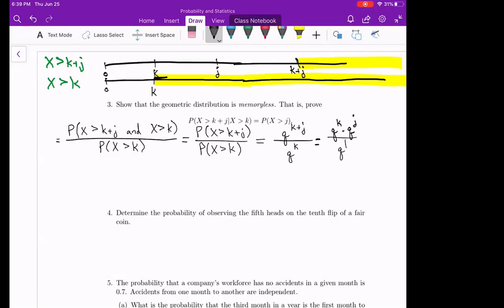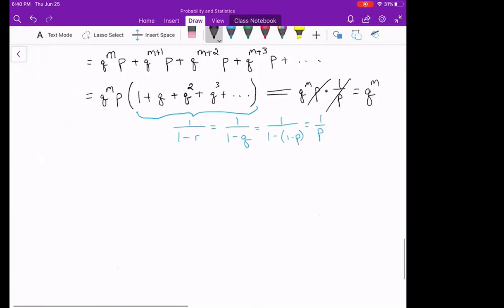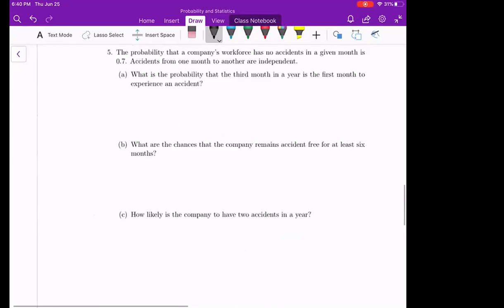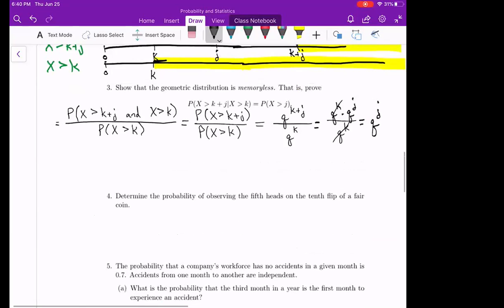Denominator stays the same. You'll notice Q to the k cancels out, and we get Q to the j. And now working backwards, Q to the j, where m is j, is the probability that x is greater than j. Which is exactly what we need to prove.